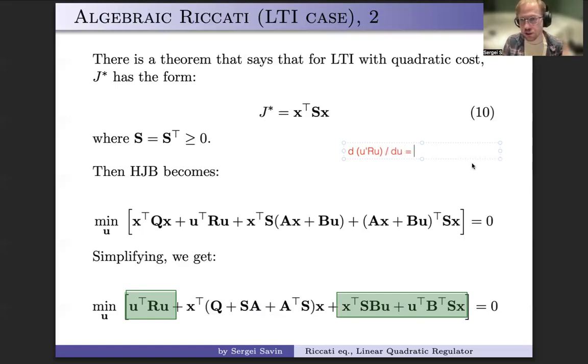What would be the derivative here? Well, it would be the same as derivative of this times this. I'm applying the formula for derivative of a product, right?